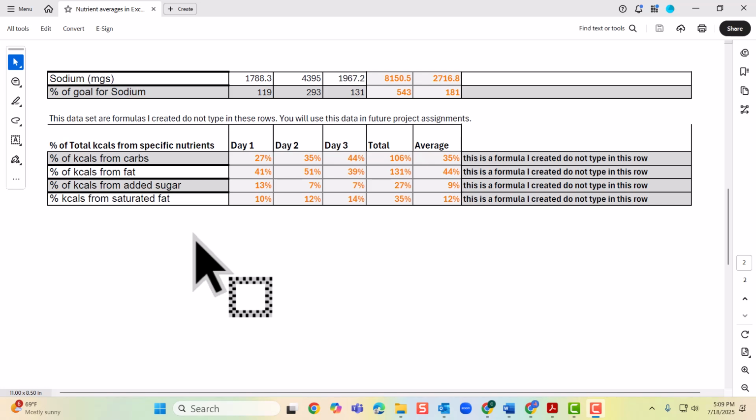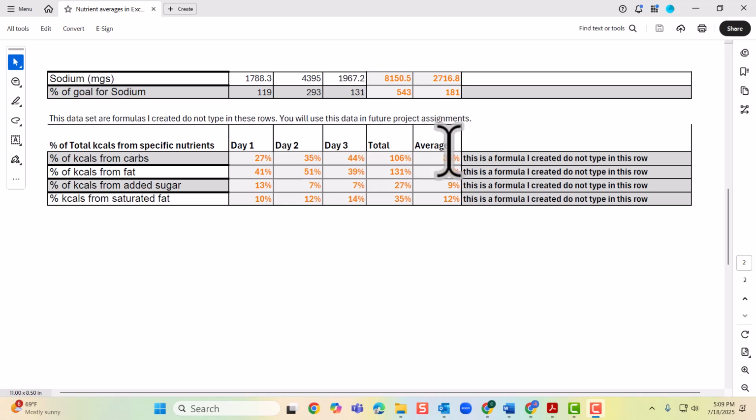Now, if you go back to chapter 1, you'll remember one of our DRIs, or dietary reference intakes, are called AMDRs. And those are basically recommendations for distributing our macronutrients based on a percentage of your total calories. So you'll remember that for carbohydrates, the AMDR is 45 to 65% of your calories.